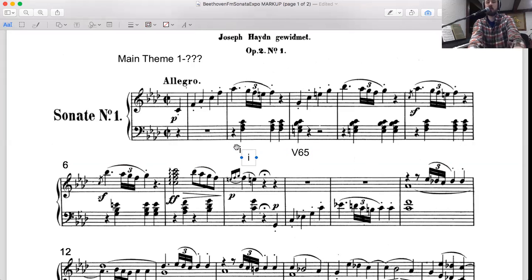We get another 1 chord at the end of this line, 1 5 1 type harmony. The melody is very self-referential, and we can see it repeating before finally we get this idea to close it out.